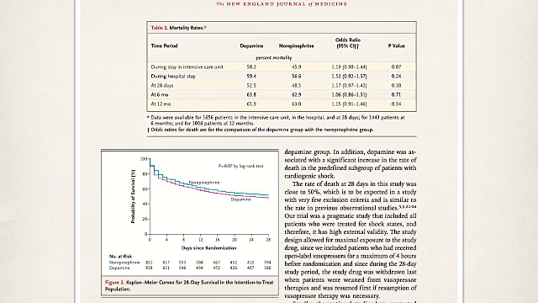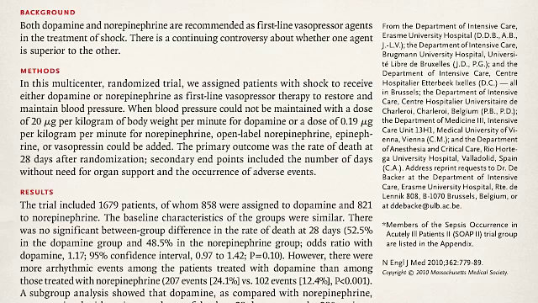The study is multi-center and randomized: dopamine or norepinephrine as a first-line pressor. The primary outcome is death rate at 28 days. Secondary endpoints were the number of days without need for organ support, and most importantly, the presence of adverse events.